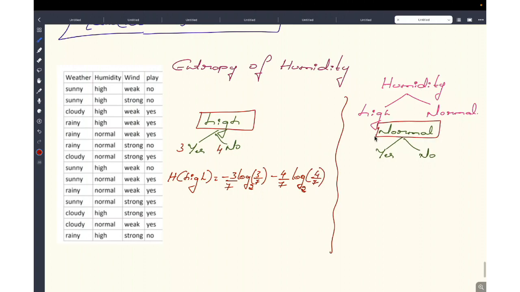Same goes with normal. Normal is 1, 2, 3, 4, 5, 6 yes. Normal no is just one now. Cross check once.